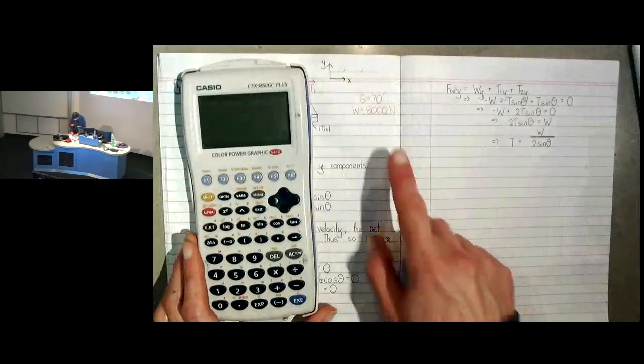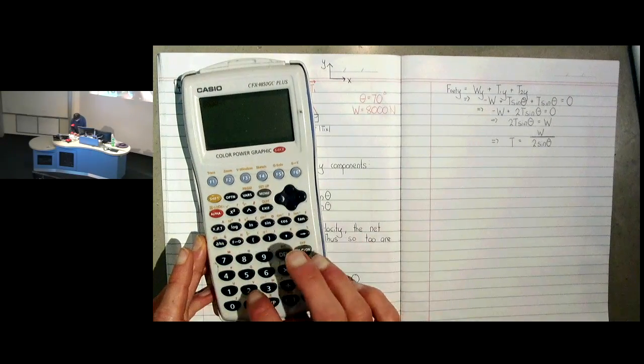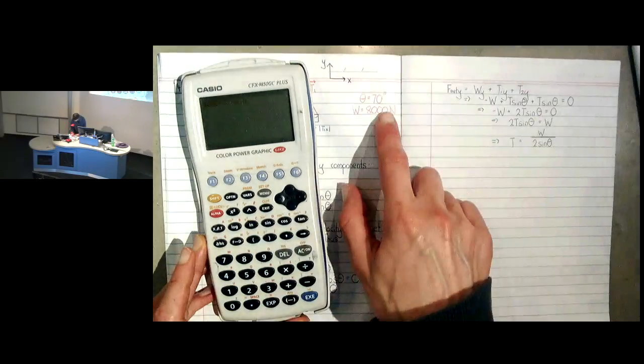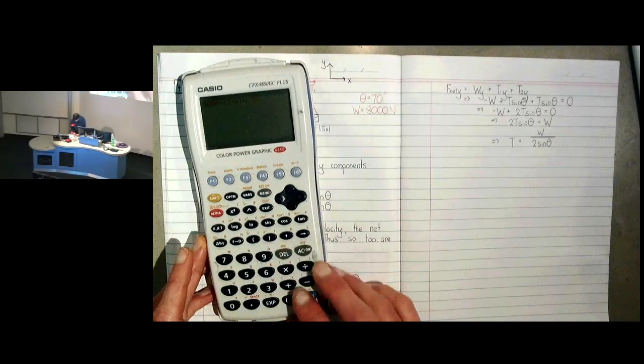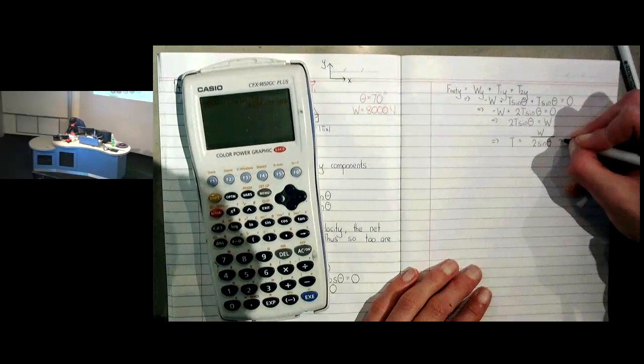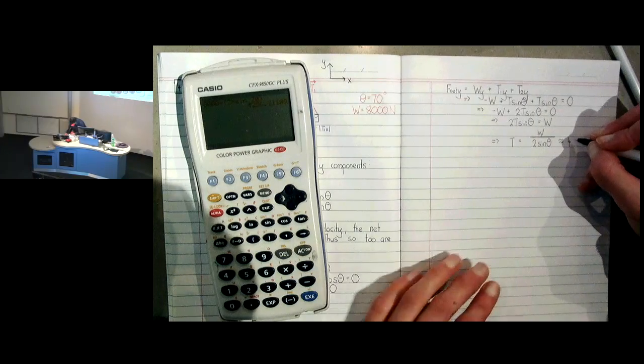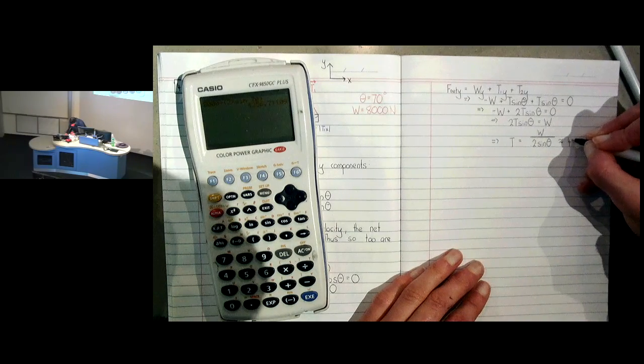And what I get, since the weight is 8,000 newtons, is 8,000 divided by 2 times sine of 70. And that gives me a force which is approximately equal to 4,260 newtons.